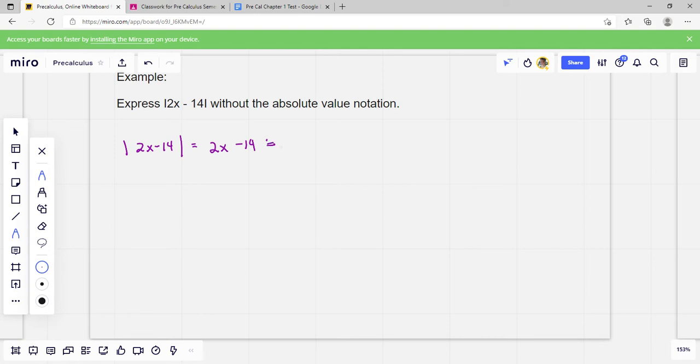So this is going to be positive or 0, okay? And then we can say the absolute value of 2x minus 14 is equal to negative (2x minus 14) when 2x minus 14 is negative.